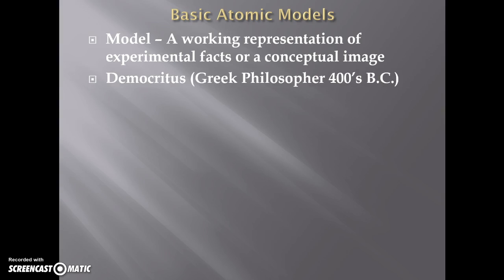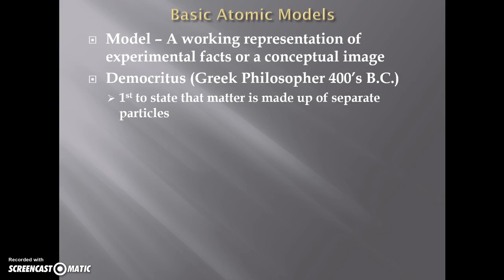So we're going to start with the first guy. The first guy is Democritus, and he was about 400 years before Christ, a Greek philosopher. And he is the first one to say anything about an atom, really. He came up with the idea that matter is made up of separate particles. It is not all just one big continuous thing. And he felt that you could divide those separate particles down to a point that it was indivisible.